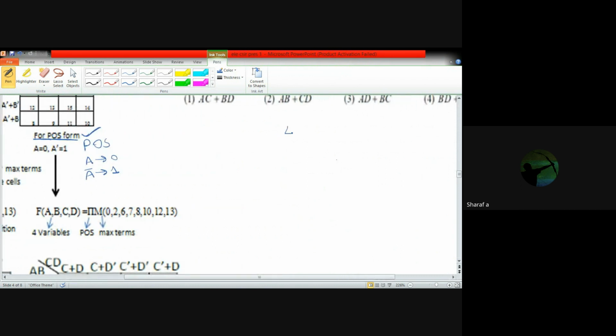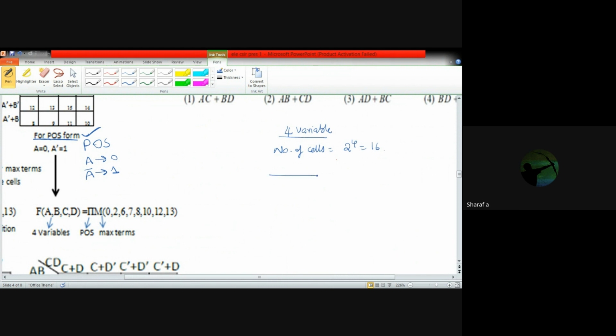So let us consider a 4 variable K-map. 4 variables means you have 4 inputs. When you have 4 inputs, the number of cells will be equal to 2 raised to 4, that is 16. That is the size of your K-map.